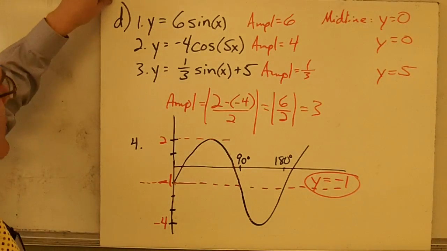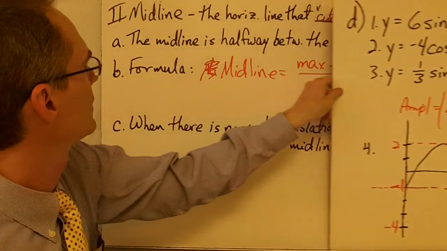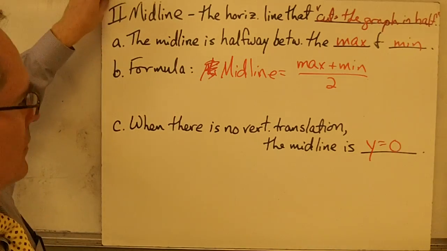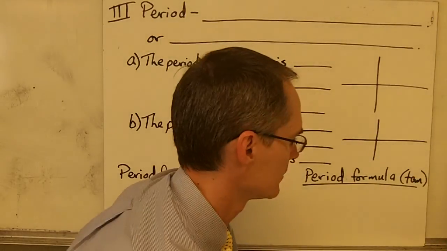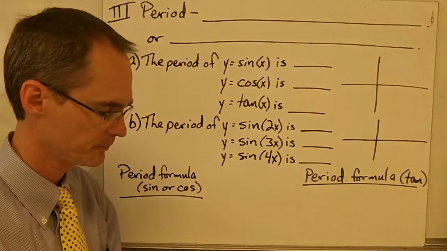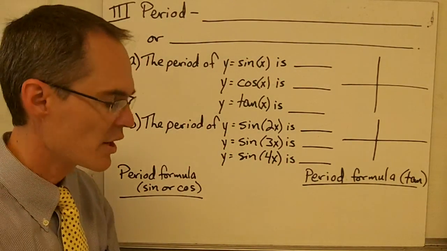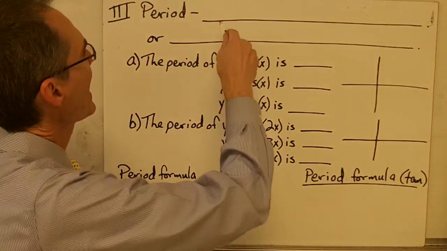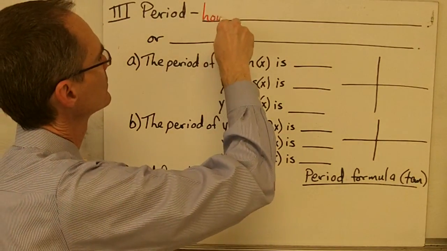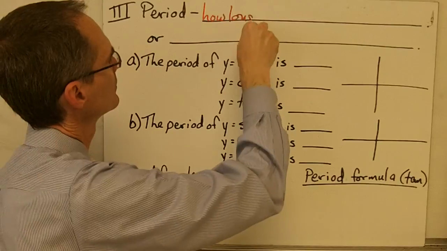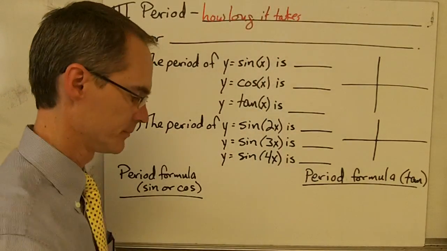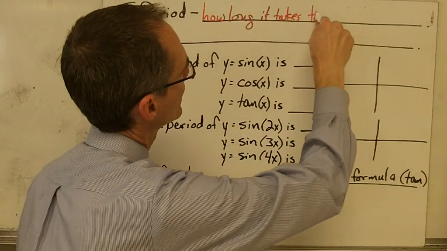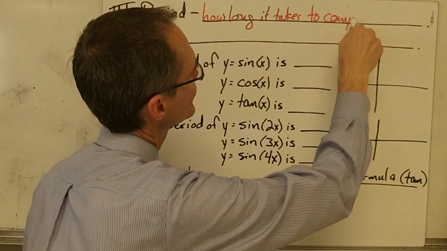All right, now let's talk about the period. Let's talk about the period of a periodic function. So a period is how long it takes to complete one cycle.